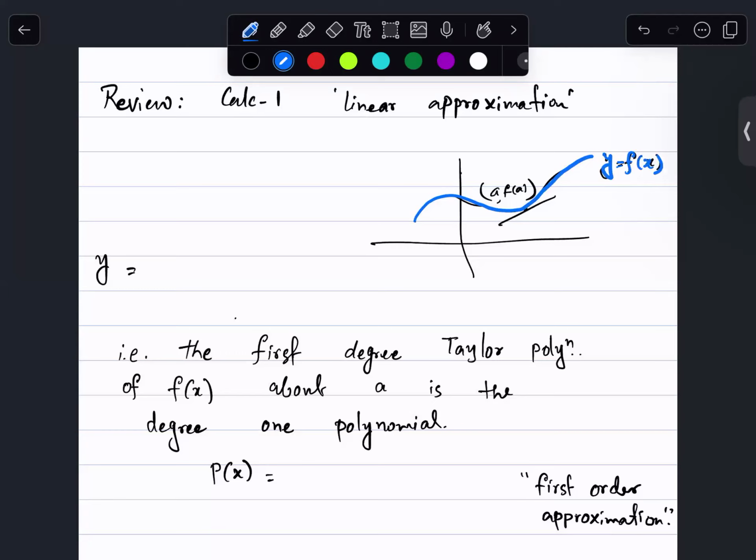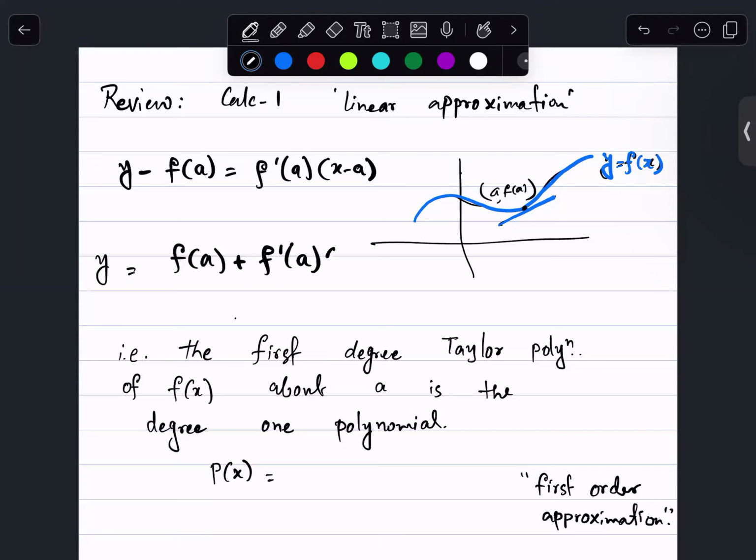So at the point (a, f(a)), if I draw the tangent line, then we know that the equation of this line looks like y minus f(a) is equal to f prime a times (x minus a). This is the tangent line passing through this point (a, f(a)), right? And then I can rewrite this as y is equal to f(a) plus f prime a times (x minus a).